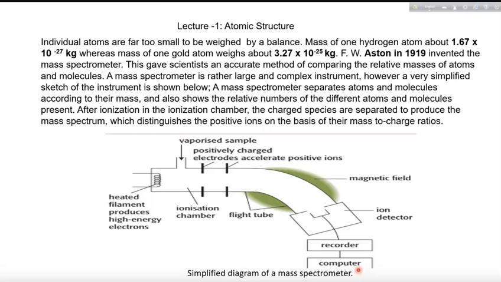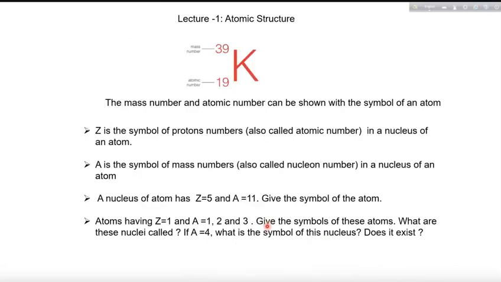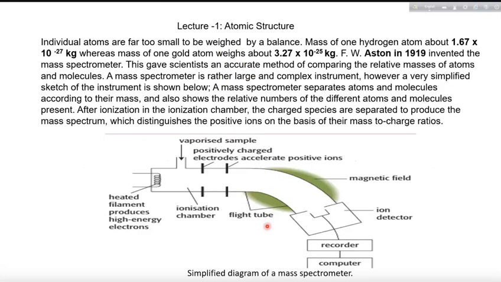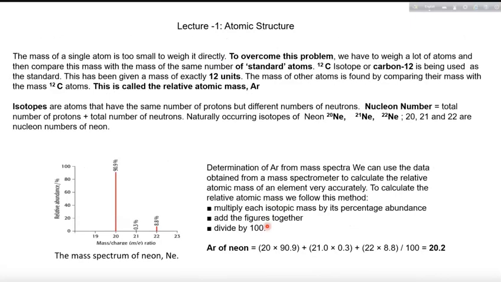And thereby we get the accurate mass of an atom. So this weighing problem of such tiny atoms is overcome by the invention of the mass spectrometer.